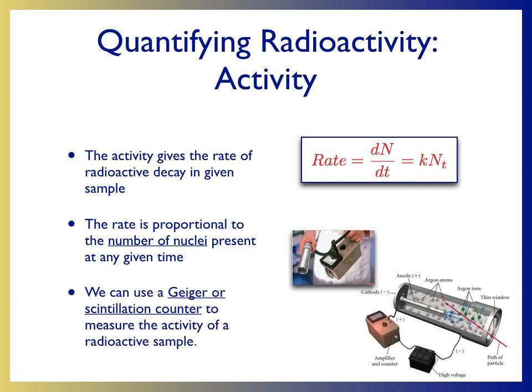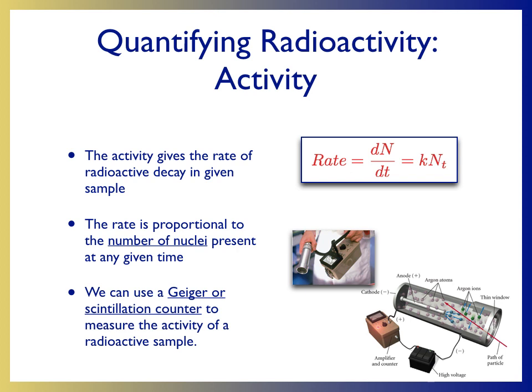A common instrument used to measure the activity of a sample is a Geiger counter. A Geiger counter, like the portable one shown in the picture, works by having a tube that is filled with some inert gas, such as argon. There is a window in the front of the tube that allows radioactive particles to enter the tube.